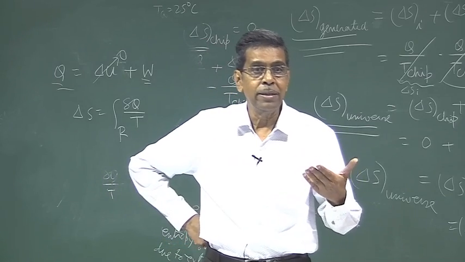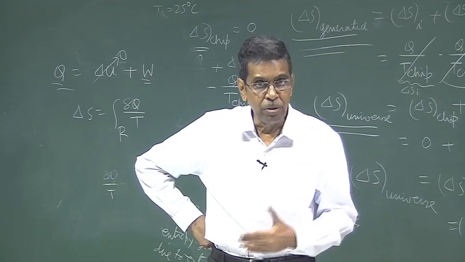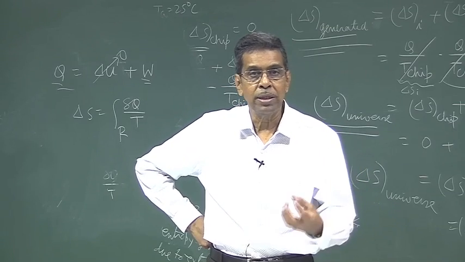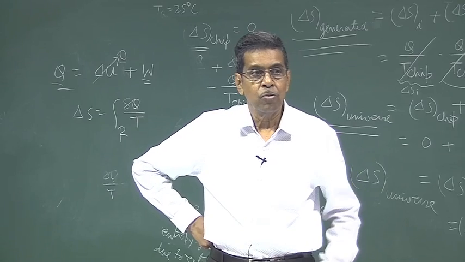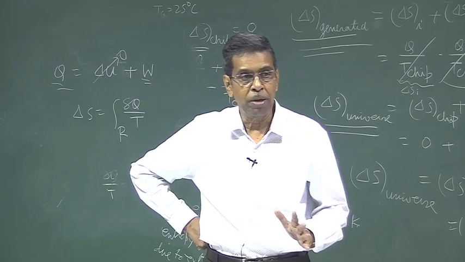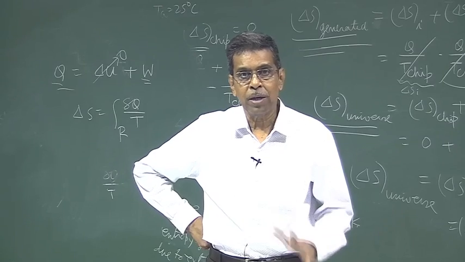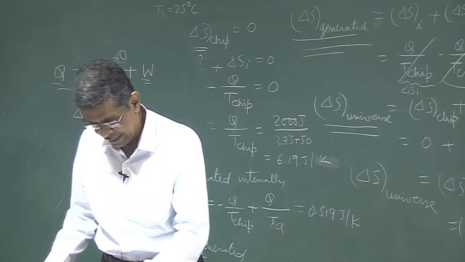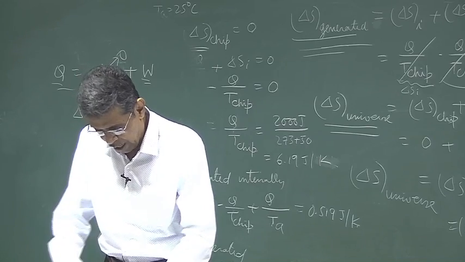But if T is the temperature of the surroundings, source and sink, then the cycle has to be both internally and externally reversible. So these are very useful concepts you have to remember for the second law of thermodynamics. We have solved some problems in the second law of thermodynamics, and I think this is all.